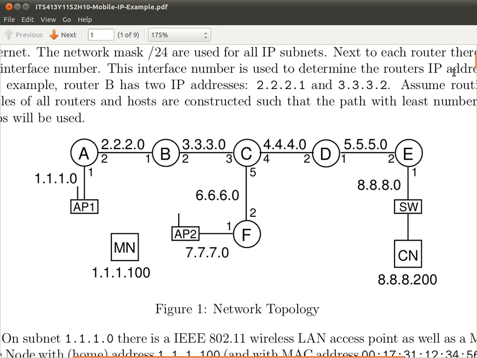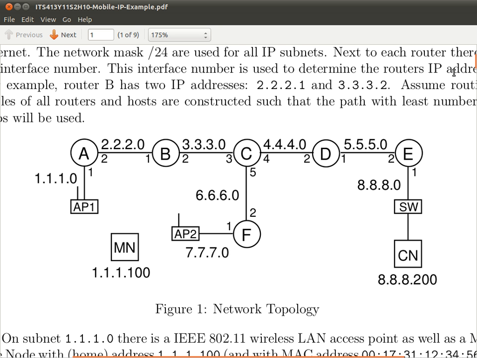And that's where we use the MAC address. We've just removed the outer header at the foreign agent. So we have this IP datagram, destination 111.100. Because it's on the local subnet, we now use the MAC address. To deliver anything on a local subnet, you use the MAC address, the hardware address, to deliver that packet. The MAC address is this 0017, and so on, 56.